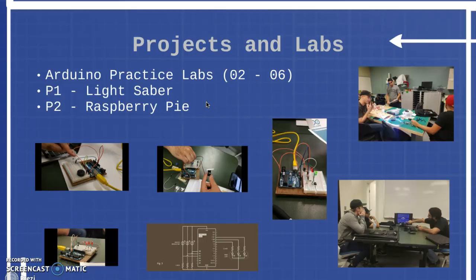However, the Nano Arduino played a major role in the first major project, the Lightsaber. The Lightsaber lab pushed our experience to the max, where we used the coding experience we learned previously and our soldering skills. We also got to work with our peers.